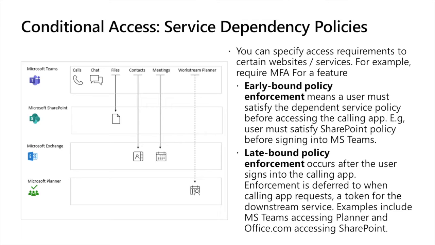And likewise, with a late bound policy, Microsoft Teams, which is accessing Planner and Office, must access SharePoint as well. So something must happen before or something must happen afterwards. So it's quite clever. So let's have a demo of Microsoft Conditional Access for Azure Active Directory.